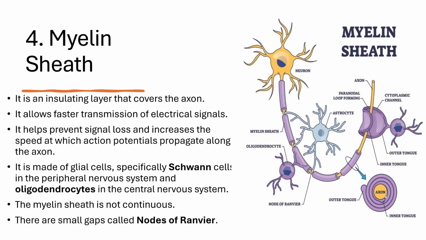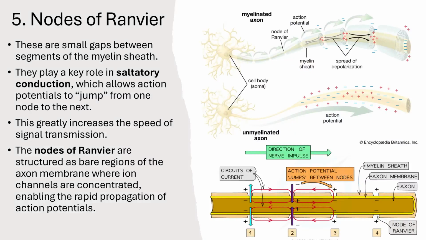As we saw, there are small gaps called nodes of Ranvier. What are the nodes of Ranvier? These are small gaps between segments of the myelin sheath. They play a key role in saltatory conduction, which allows action potentials to jump from one node of Ranvier to the next.